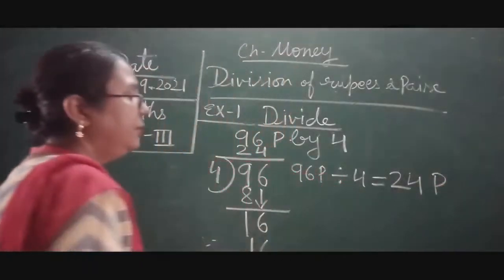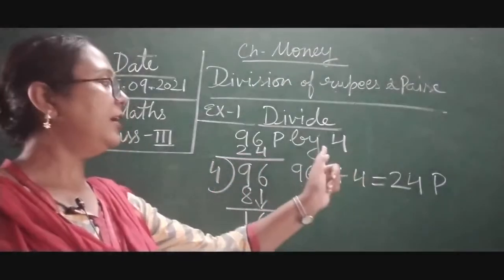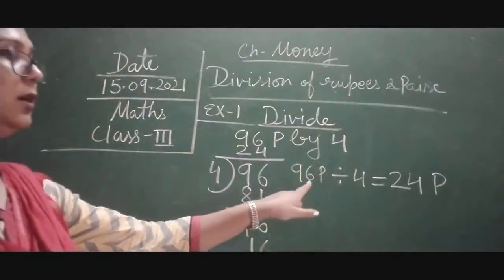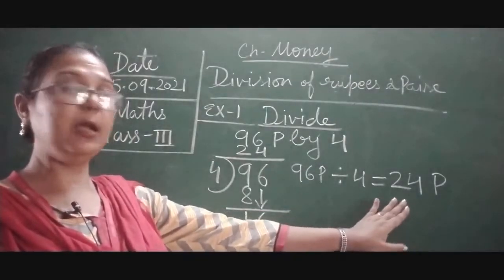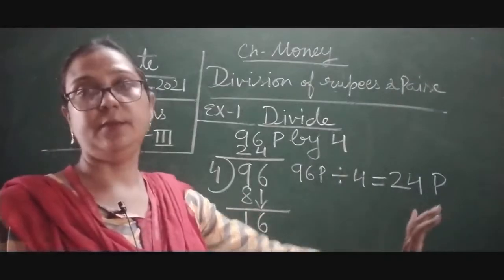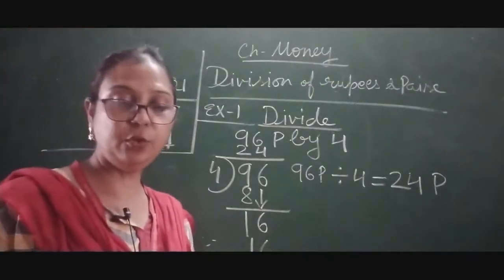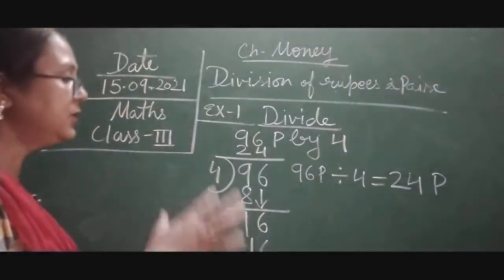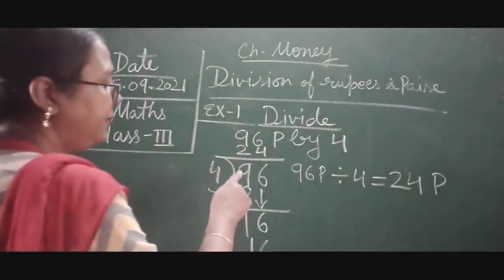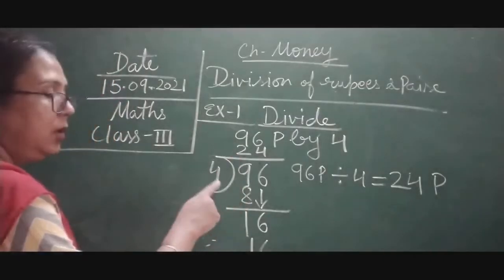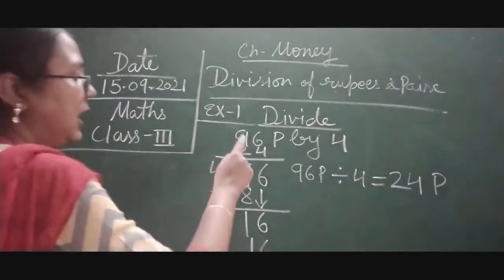Why paise? Because this is 96 paise and we are dividing by 4, whatever the quotient comes, we will say 24 paise. So, children, the first example I have shown you is quite simple. First we do the table of 4: how many times will 9 come? 4 twos are 8.